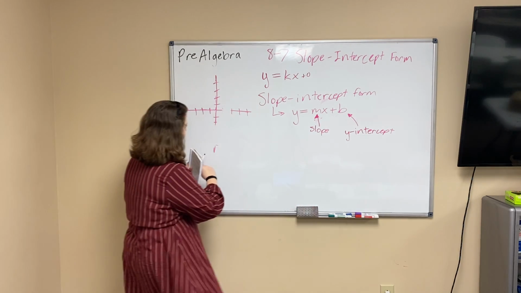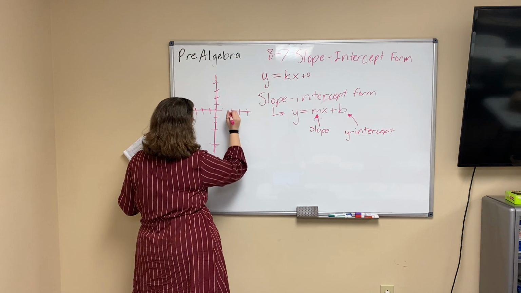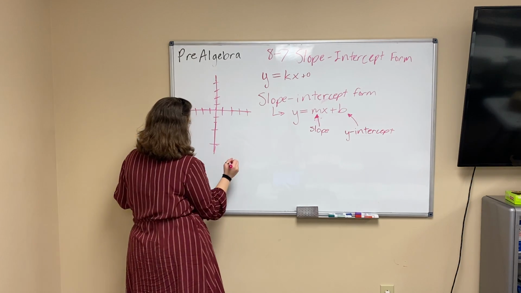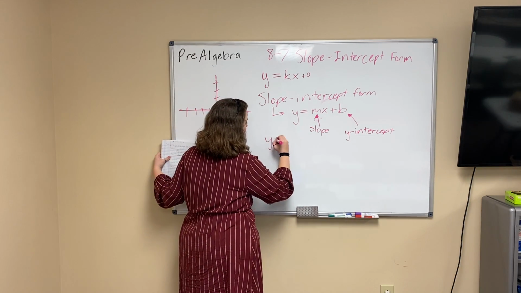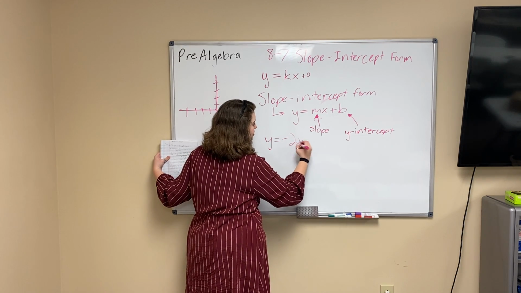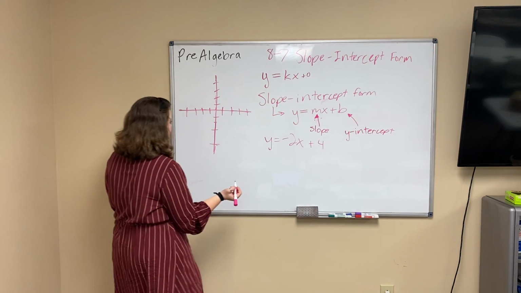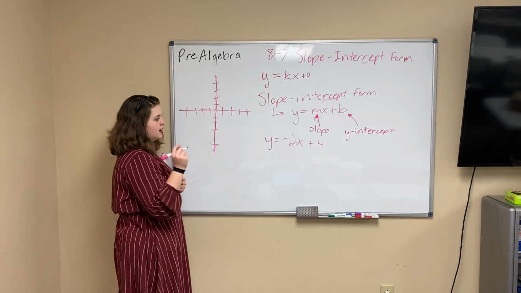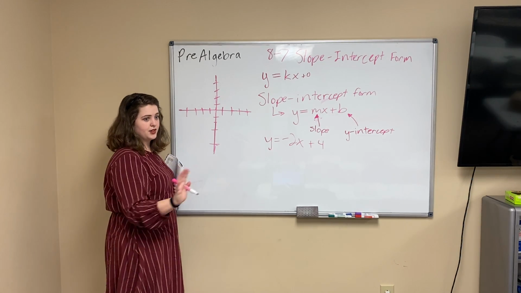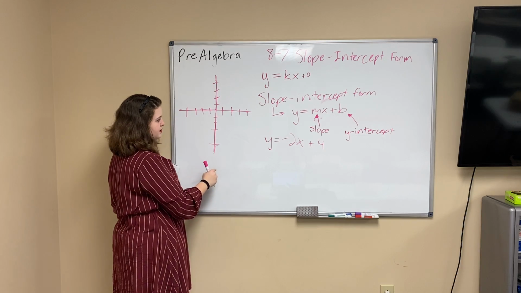I'll show you what happens if you have a negative slope. If our y equals negative 2x plus 4, we always start with our y-intercept every time. Our y-intercept is the place where our line crosses the y-axis.